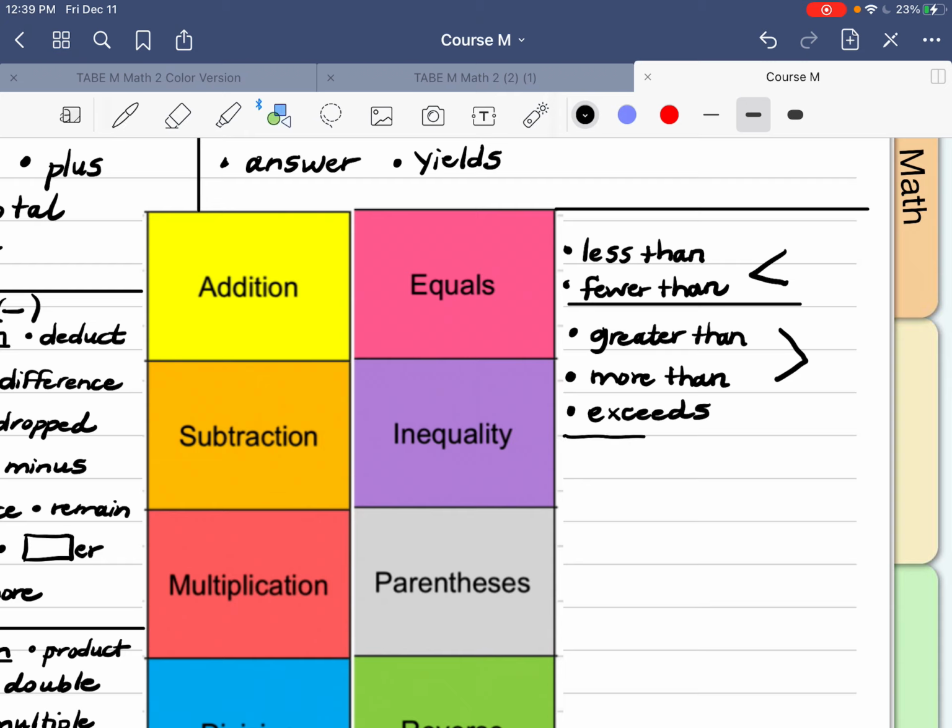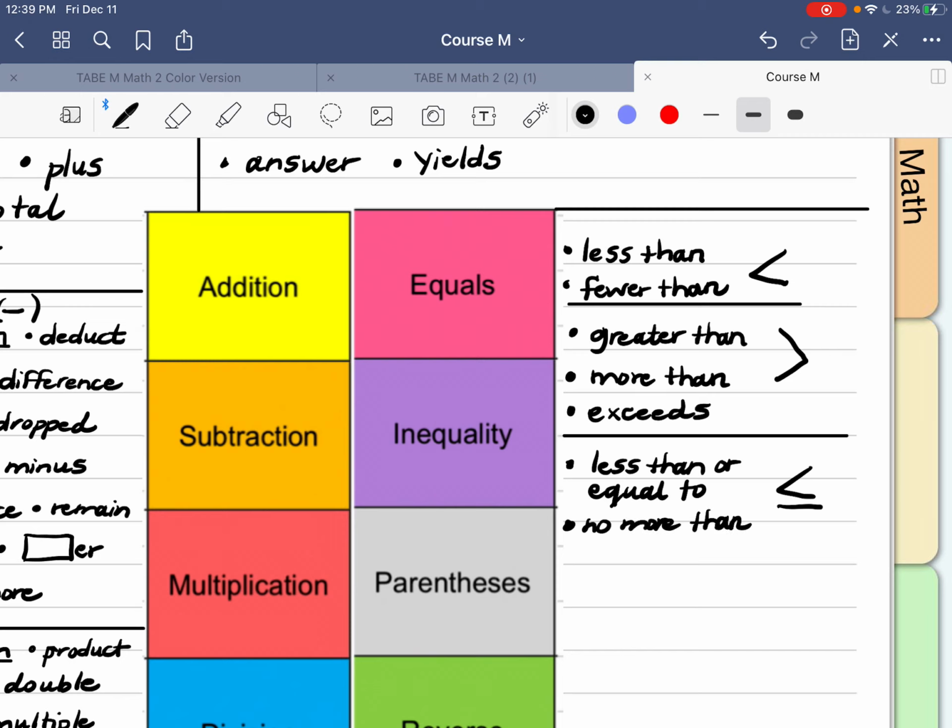All right, and then we have this symbol. That means less than or equal to. It can also mean no more than. And at most.